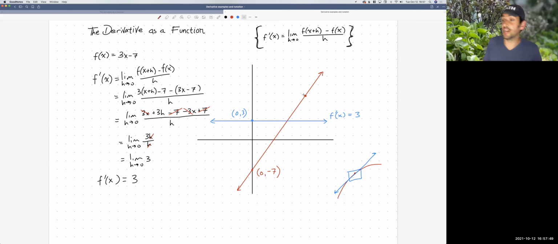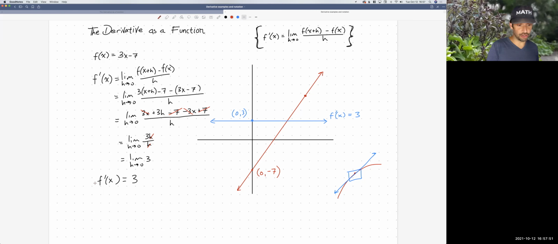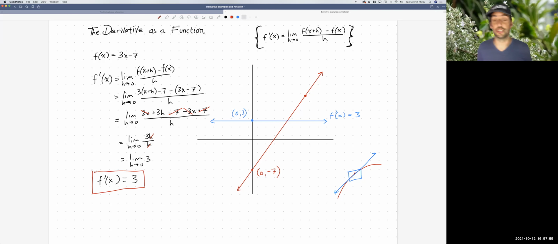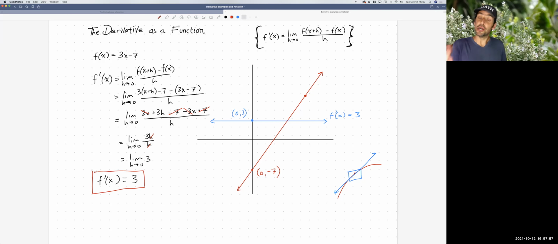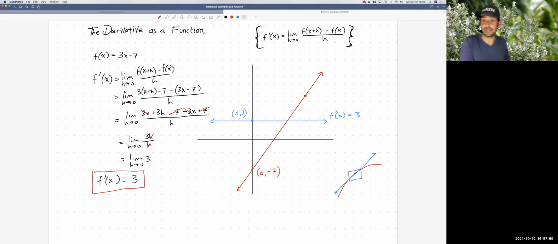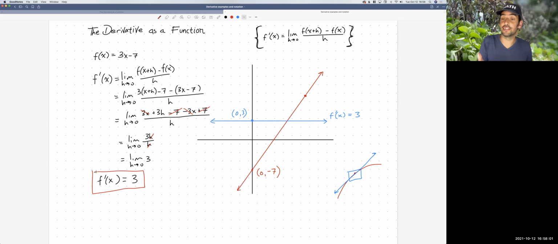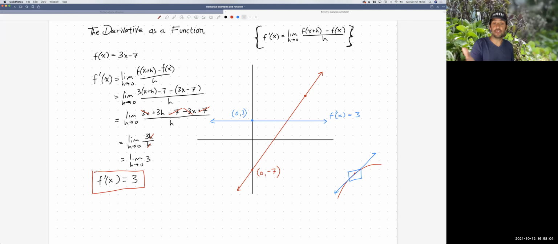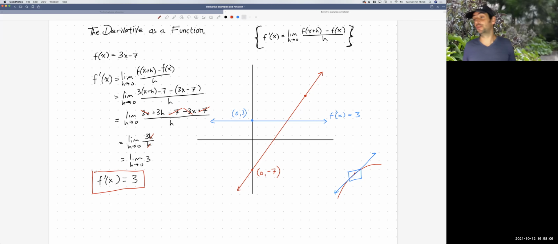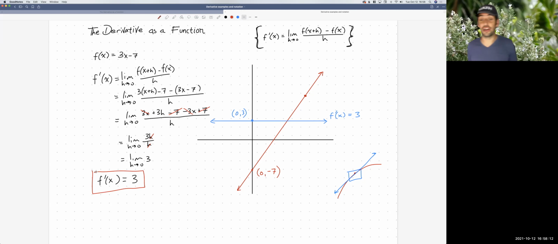So it's only spitting out 3 because the slope is always 3 for the tangent line of something that's already a line. So it's good that this worked out this way. It matches with our intuition. Another way to think about it is that the slope of the tangent line of this function is not changing. When we have a linear function, that's really what it means: the rate of change is constant. That's a good way to think about what linear functions are.